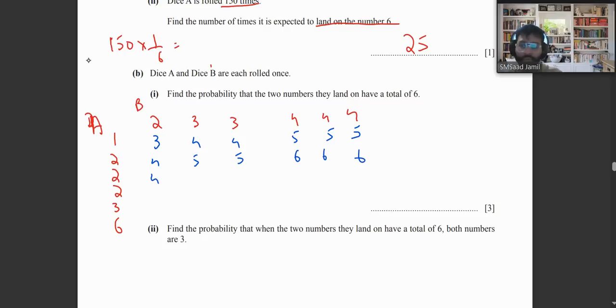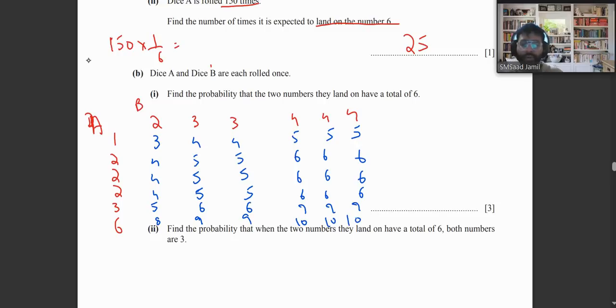Then 2 plus 2 is 4, 2 plus 3 is 5, 2 plus 4 is 6. Then 3 plus 2 is 5, 3 plus 3 is 6, 3 plus 4 is 7. 6 plus 2 is 8, 6 plus 3 is 9, 6 plus 4 is 10.